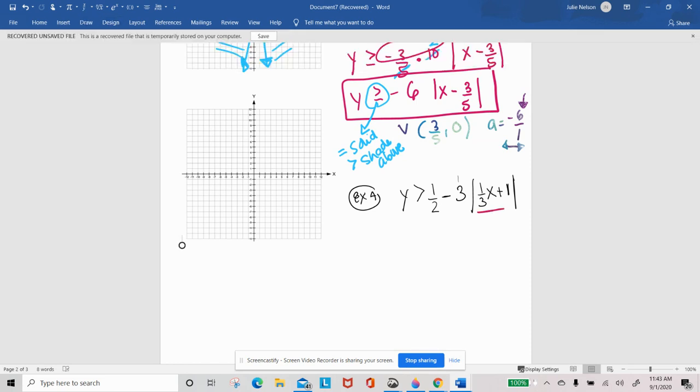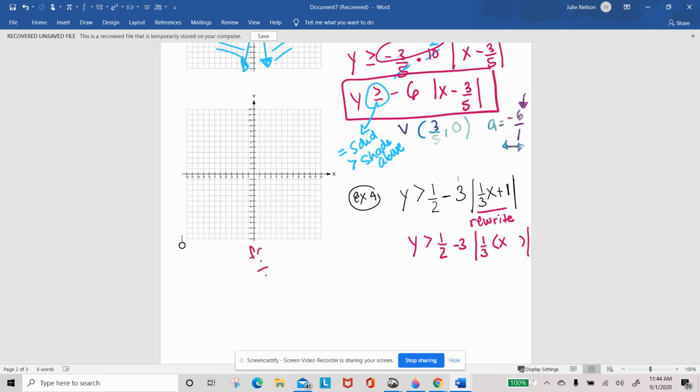So you want to rewrite this. So y is greater than 1/2 minus 3 times the absolute value of 1/3 times x. And remember, you kind of have to ask yourself, what is that number going to be, right?